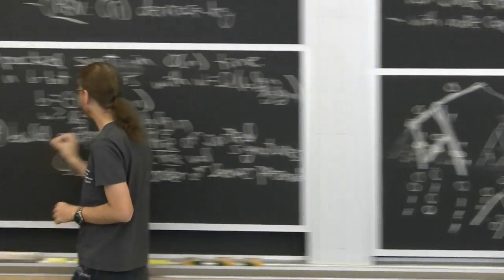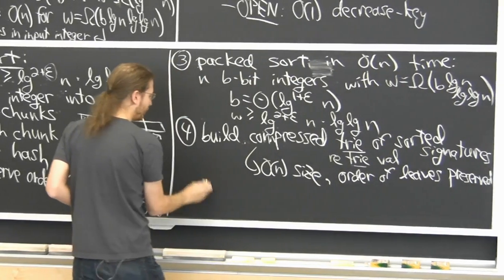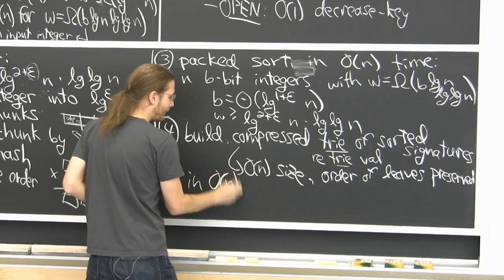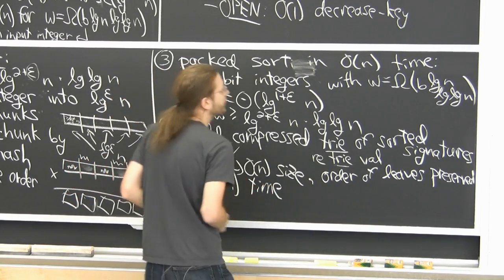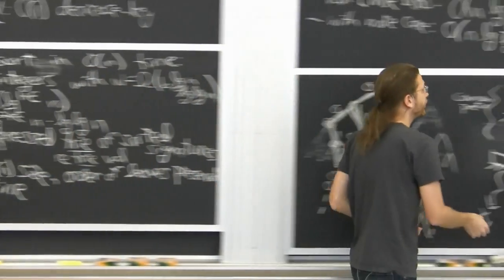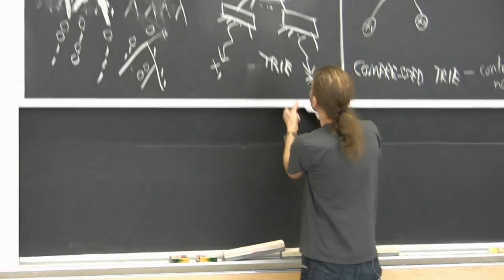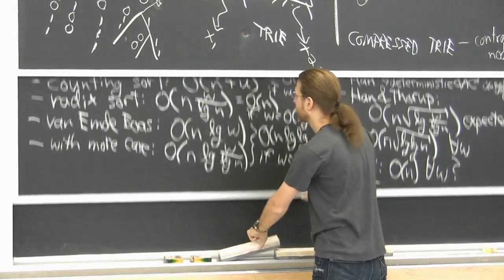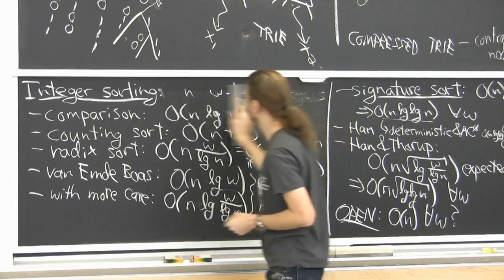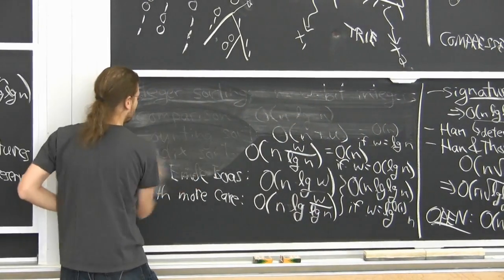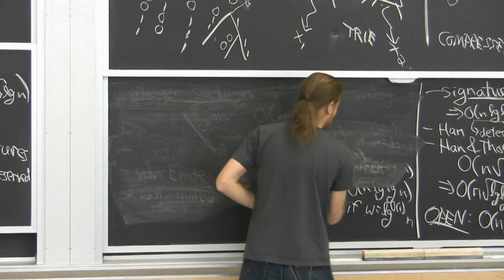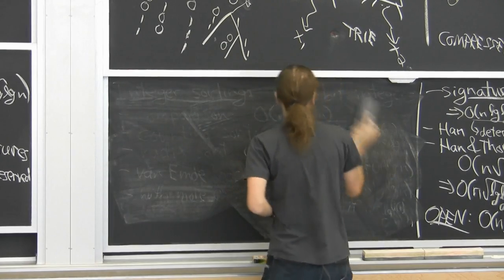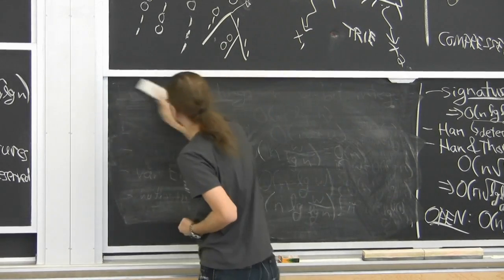But first, how do we compute a compressed trie in linear time? This is a simple amortization argument. Okay, remember what we're given.